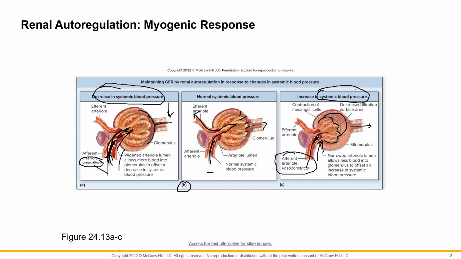When you're stressed and your systemic blood pressure is high, what the kidney is doing is vasoconstricting your afferent arteriole. So less blood going in equals less filtrate being formed, less filtrate being formed equals less urine, and thereby it decreases glomerular filtration rate.